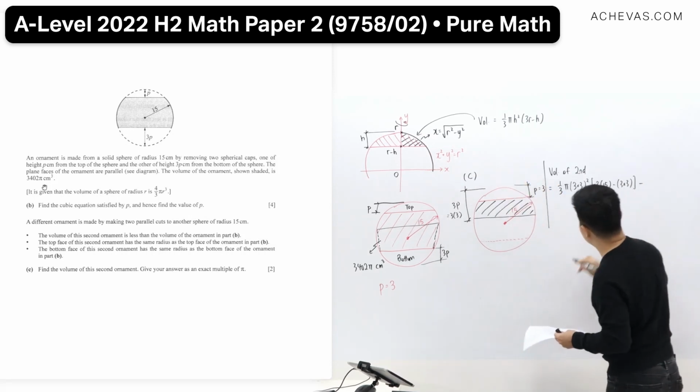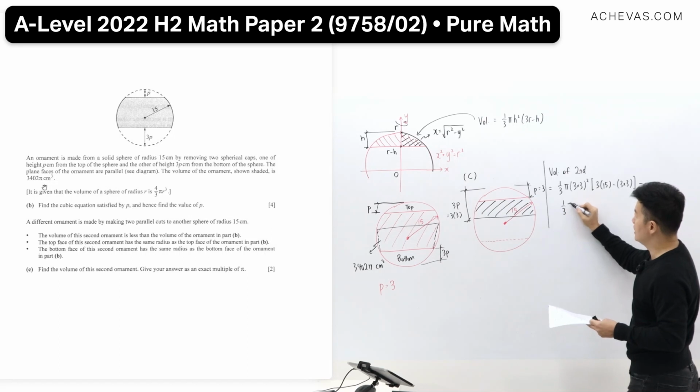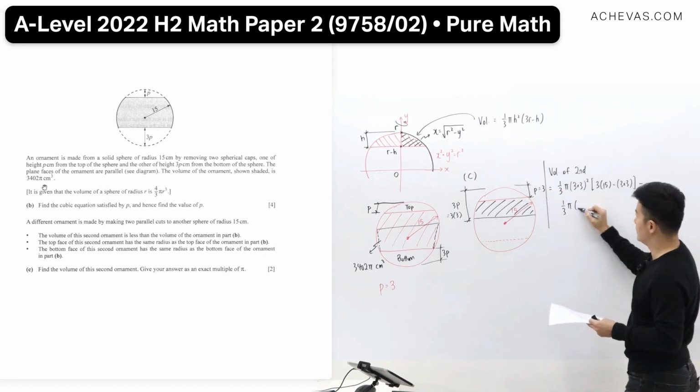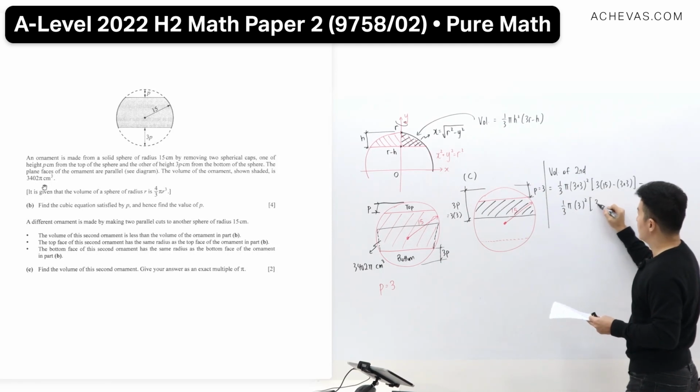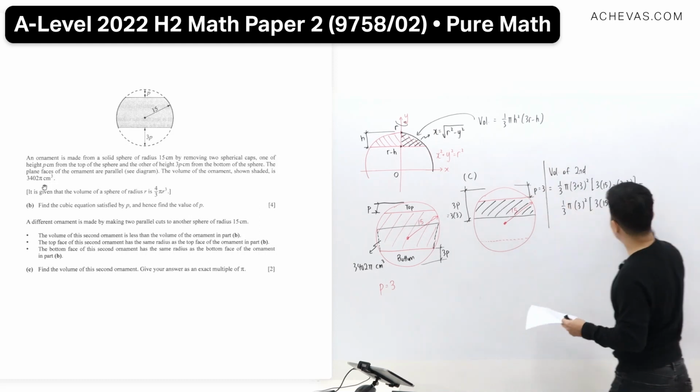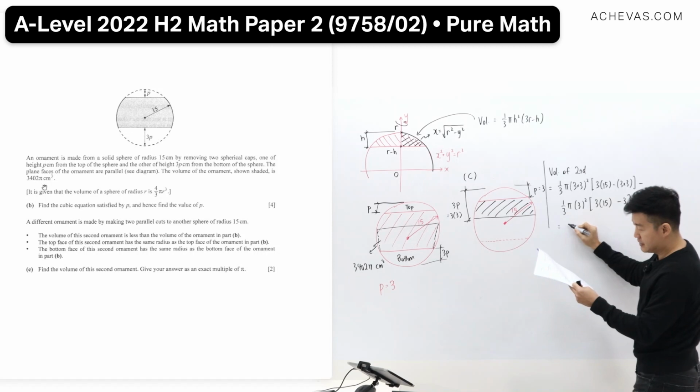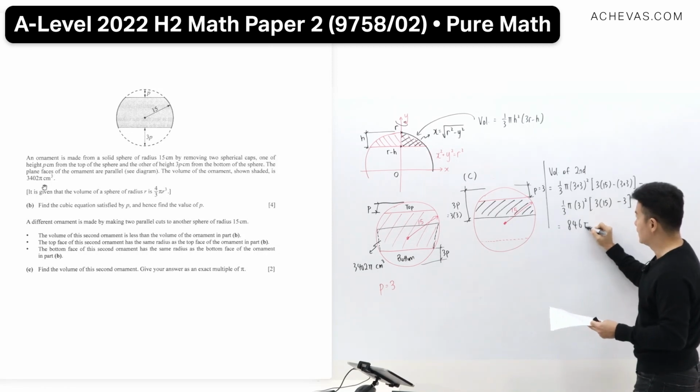So this portion is 1 over 3 pi, p is the height, so the height is 3 squared, and 3 times the radius of the sphere minus the height, which is 3 again. And I will arrive at my answer, 846 pi.